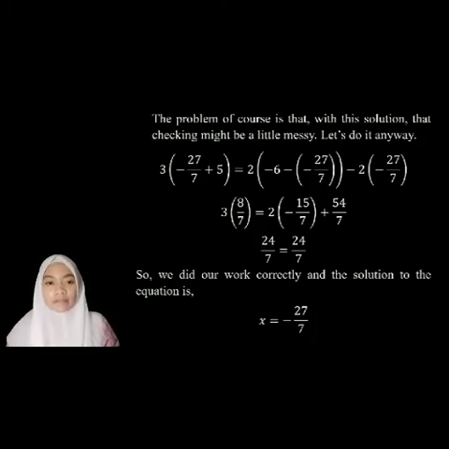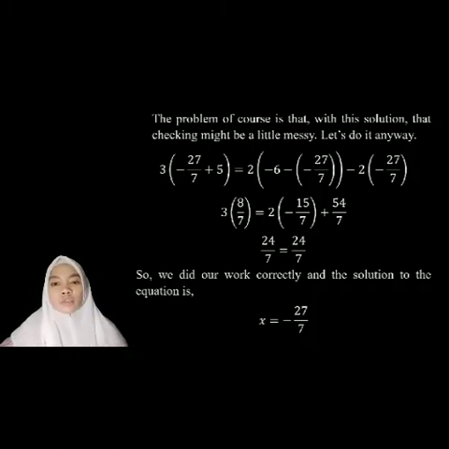This is important because we may have made a mistake in the very first step, and if we did and then checked the answer in the result from that step, it might indicate that the solution is incorrect when the reality is that we don't have the correct answer because of the mistake that we originally made. The problem of course is that with this solution the checking might be a little messy. Let's do it anyway.